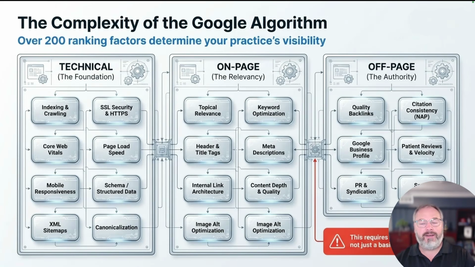They want to see that, hey, these guys haven't been sitting on their laurels for 5 years, that they have earned these patient reviews over time, and that they have continued to adhere to a high standard of quality of service. PR and syndication, press releases, getting your name out there through different properties, super valuable.